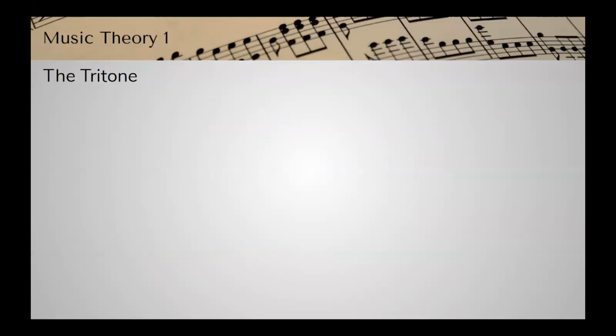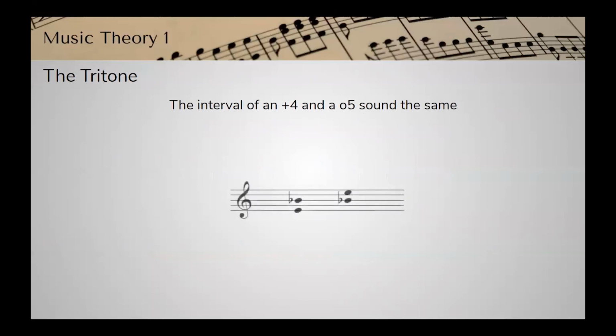Okay, so let's talk about one special thing that you may have realized. That is that the interval of an augmented fourth and a diminished fifth sound the same, right? So if I play E to B flat, it sounds the same as B flat to E, right? Those are the same sound, right?